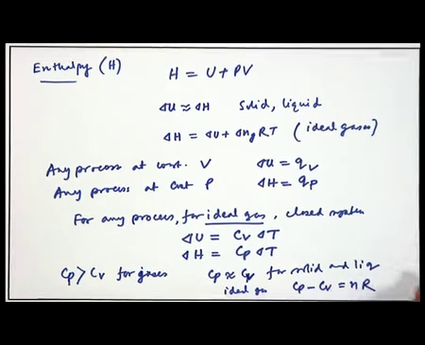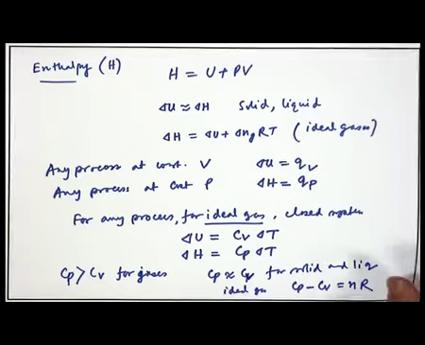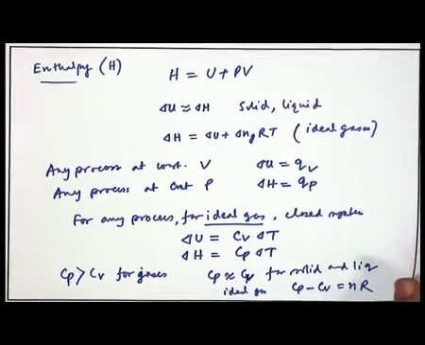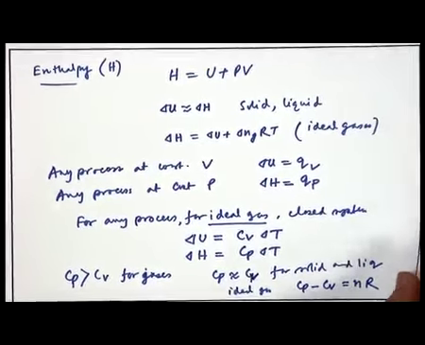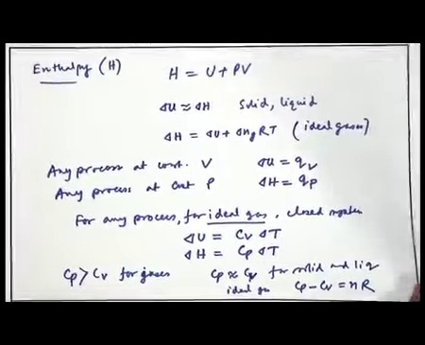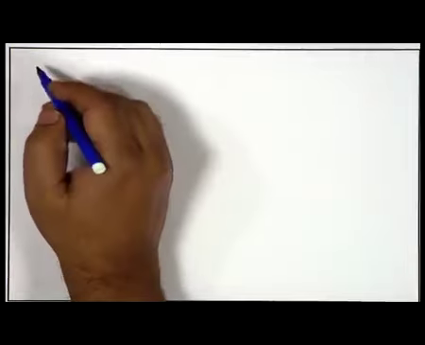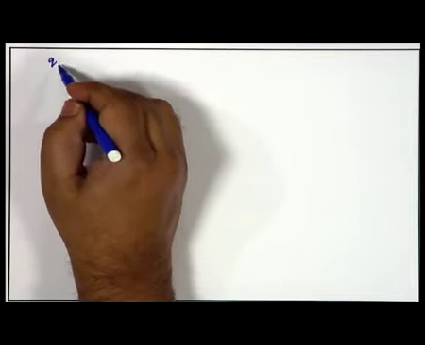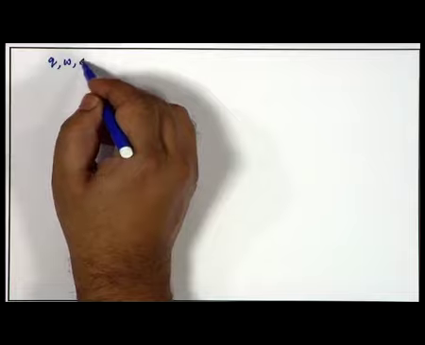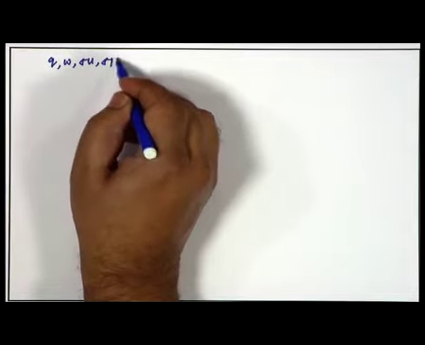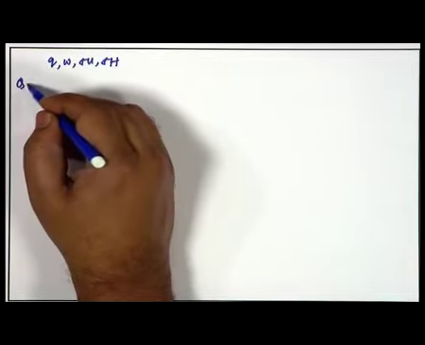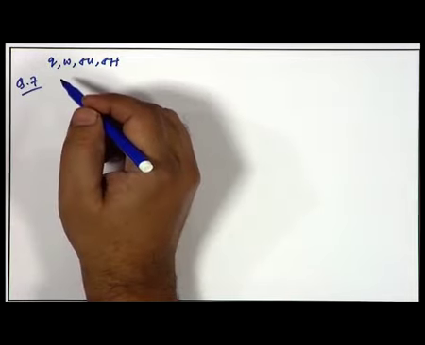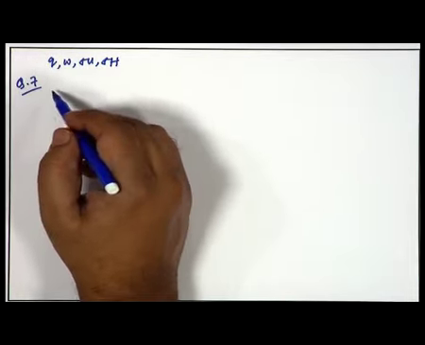So, these are the things we learned from last class. I will continue to ask a few questions and see whether your understanding of these terms is clear or not. Again, I will mention a process and you have to tell me the sign of q, w, del U and del H. So, that is question 7, continuing from last class.